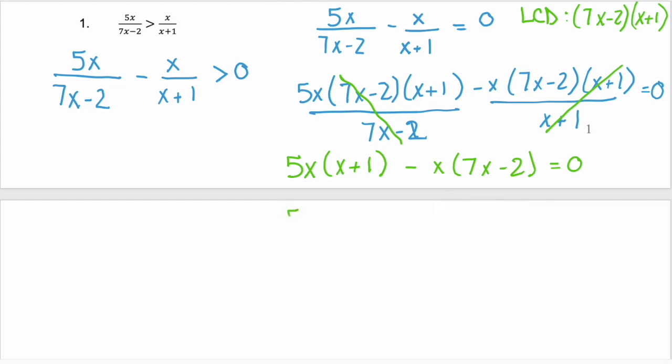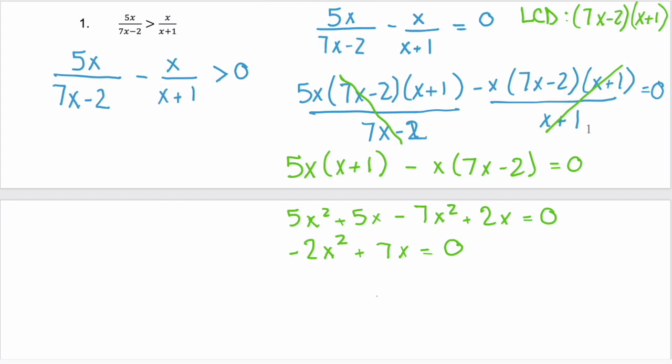Distributing 5x, we get 5x squared plus 5x. Now we need to distribute negative x, so we get negative 7x squared plus 2x equals 0. And we want to combine our like terms. That'll get us to negative 2x squared plus 7x equals 0.